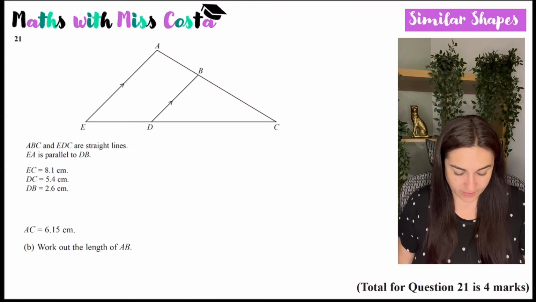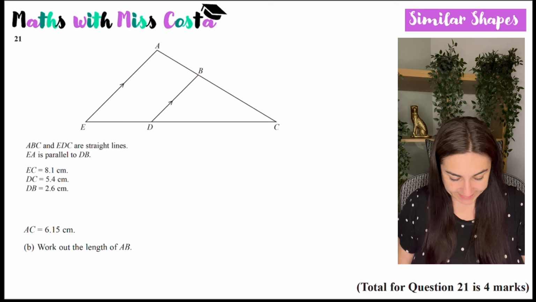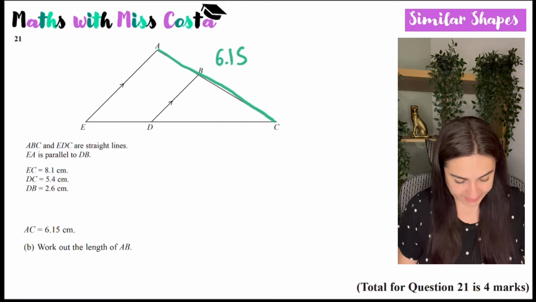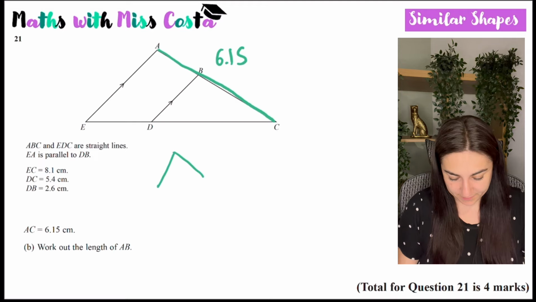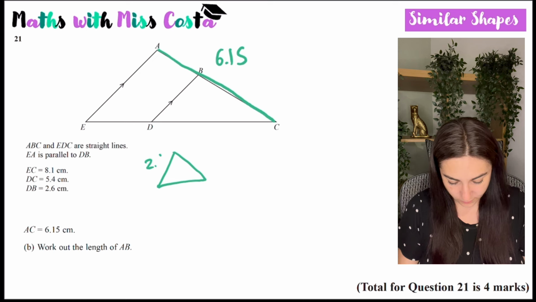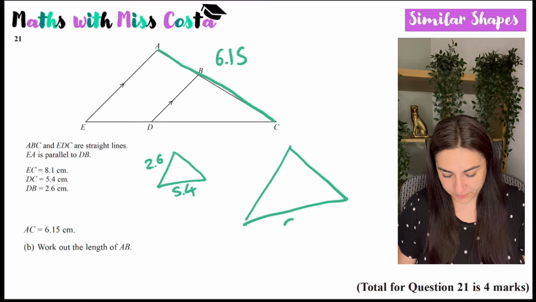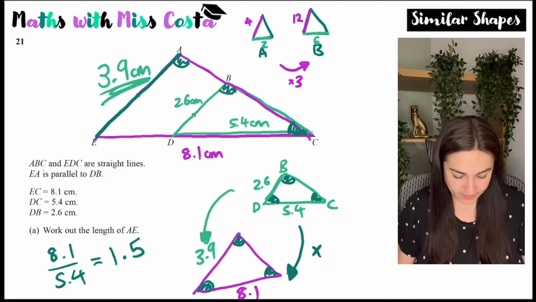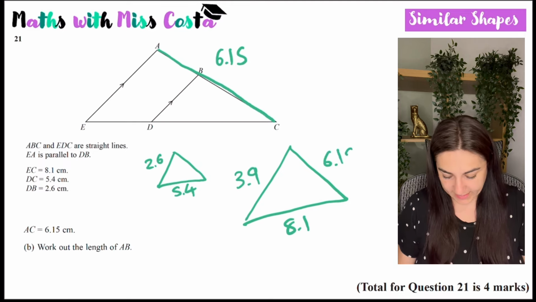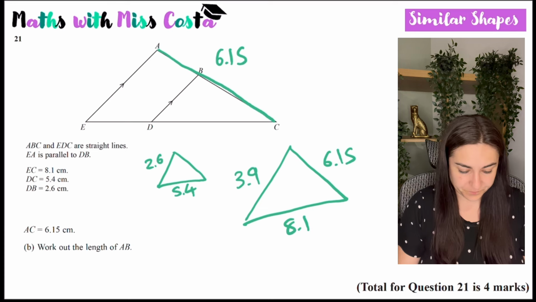Now, I'm then told that AC over here is 6.15 centimetres. So let's just get my 2 little triangles up again. It was 2.6 and 5.4. And then my bigger triangle was 8.1 and 3.9 and 6.15.